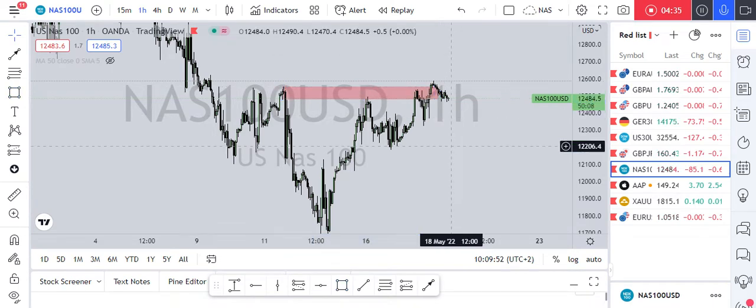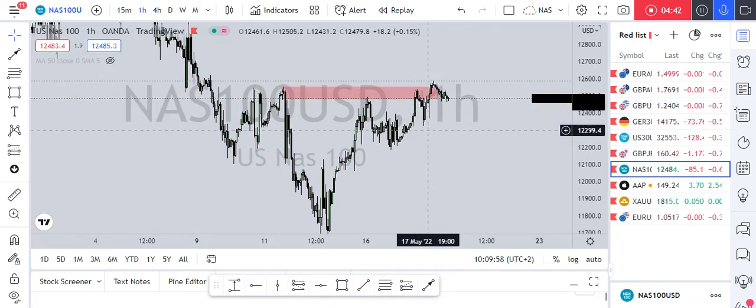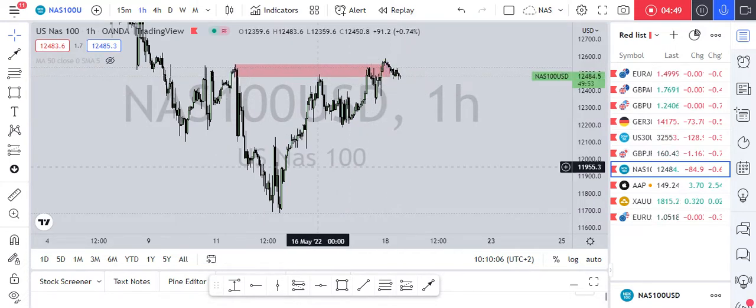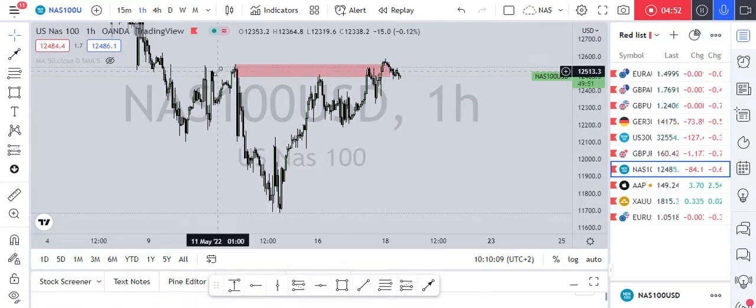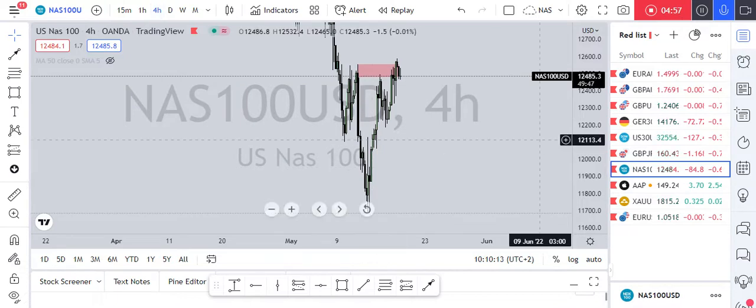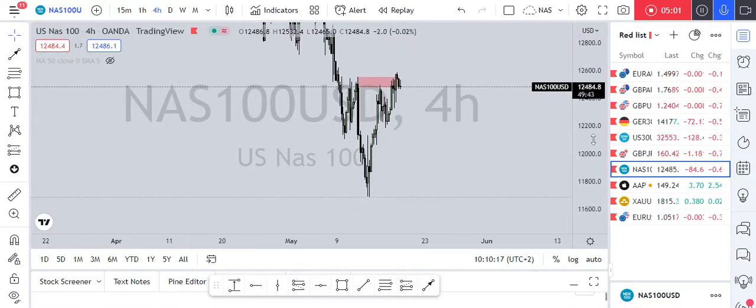Price came back to it the first time, tapped it, dropped a little bit, then picked up again, tapped it, dropped a little bit, and violated it. So this was invalidated when a macro candle, the 4 hour, closed above this supply zone.